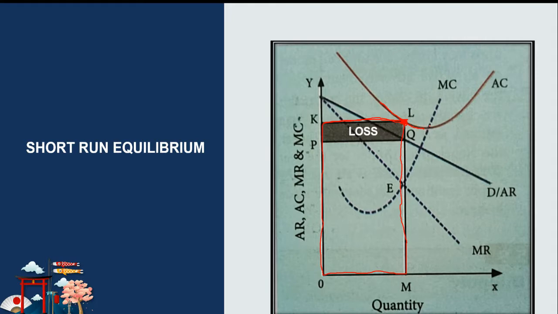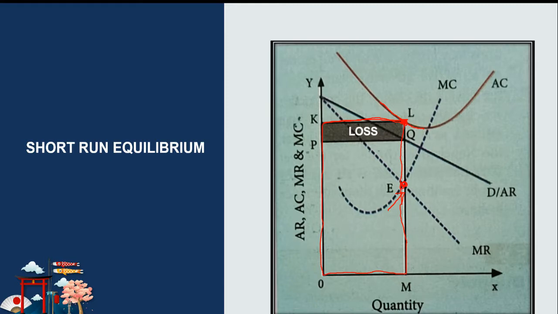For all the price and output diagrams, you have to follow the same principle. Then after that, you will find the equilibrium quantity. Equilibrium is the place where MR is equal to MC. That is the first condition. The second condition is that the MC curve cuts the MR curve from below. So two conditions are satisfied here.